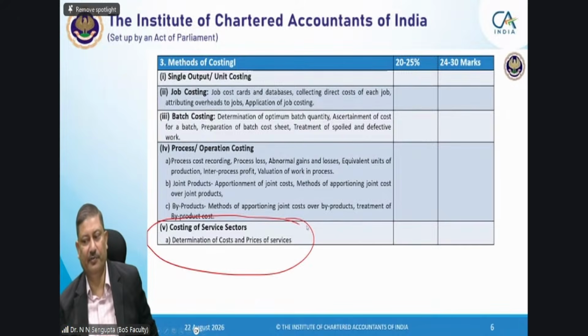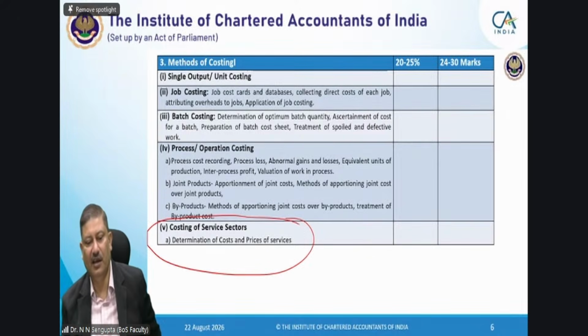We have transport, bus, airlines, school, canteen, boiler, then IT industry, then we have toll plaza. So various kinds of service industries are included, and it's a very, very important conceptual area you require to do.